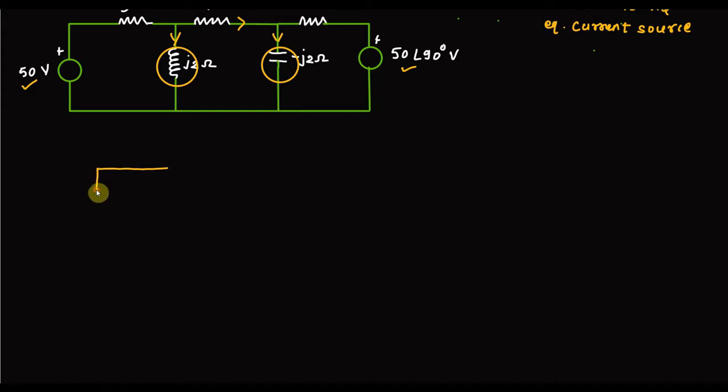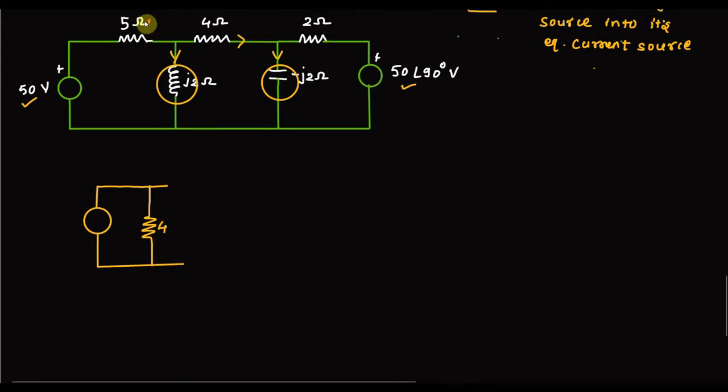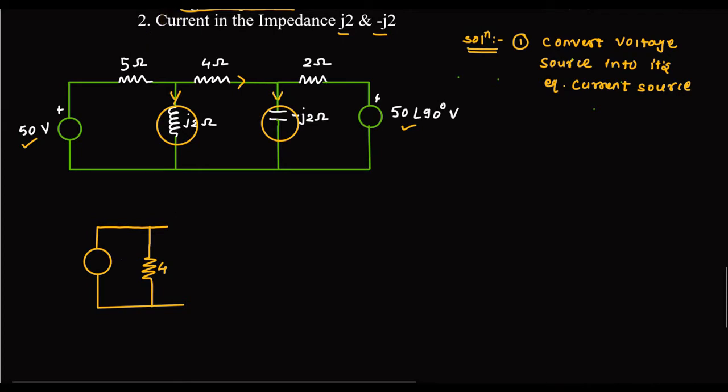So now like this. Now that resistance comes in parallel. Okay. So this will be 4. Sorry, this will be 5.